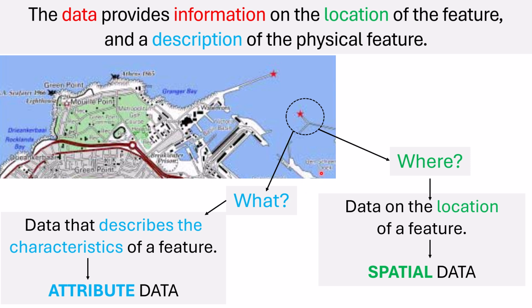If we consider that one of the functions of a GIS would be to create a digital map, if we use the feature circled on this topographic map, the GIS needs to know specifically where something is and what is found in a particular location.